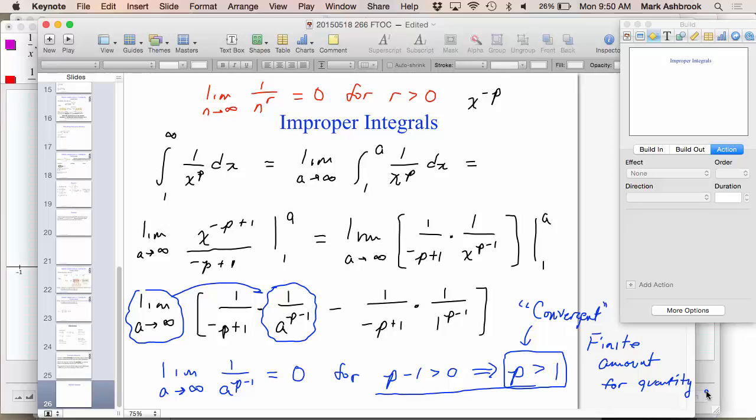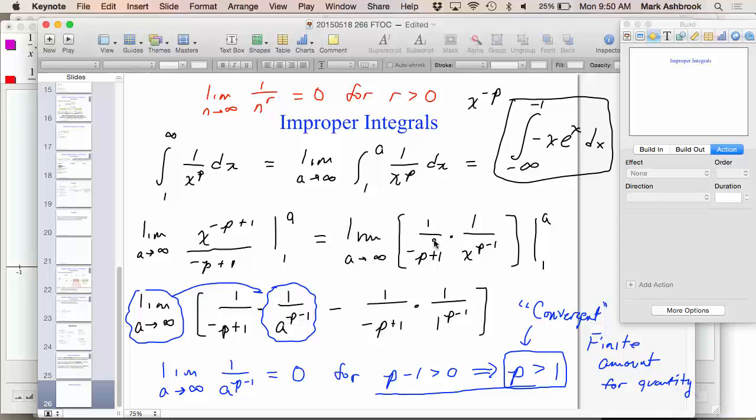Those rate functions get to 0, and they get to 0 fast enough for the quantity to converge to a value. Now this is a very narrow family of functions, 1 over x to the p. So the example I wanted to do next was this. We don't have time. Say negative x e to the x, looking from negative infinity to negative 1.